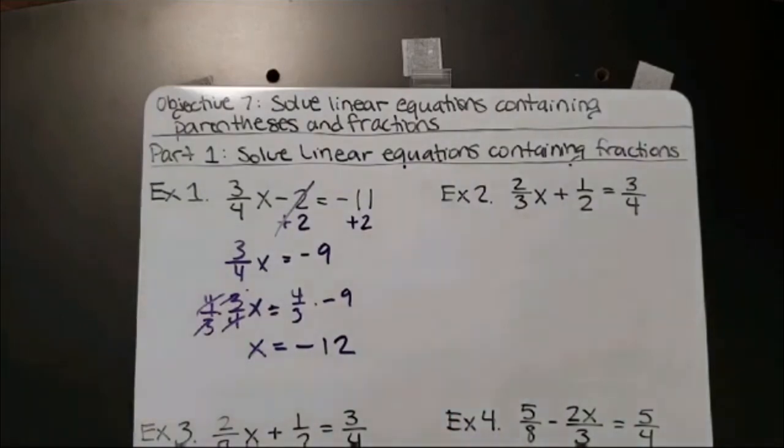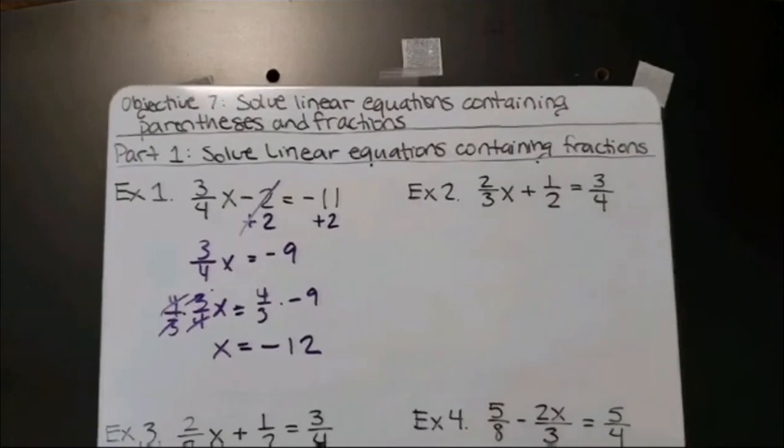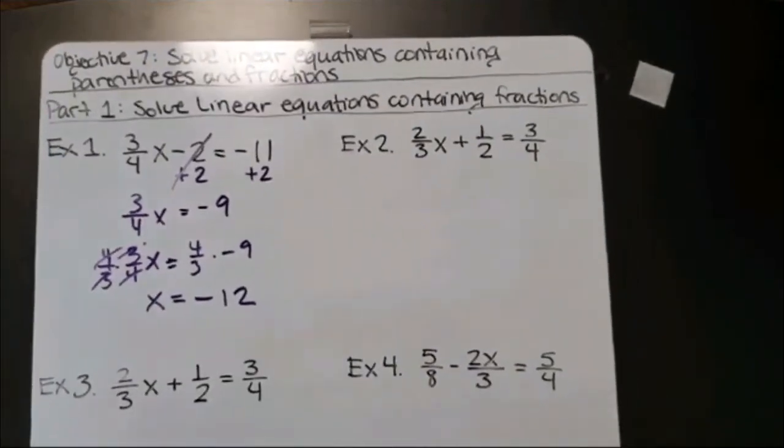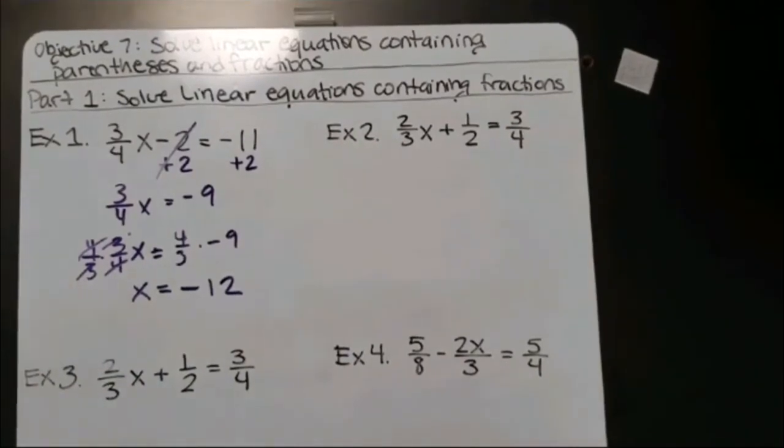All right. So if we look at example 2, we have a fraction for each term. So one of the things that we want to look at, of course, we can't add or subtract fractions without a common denominator. So we need to work around that.